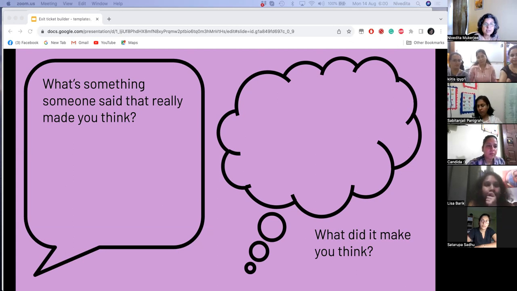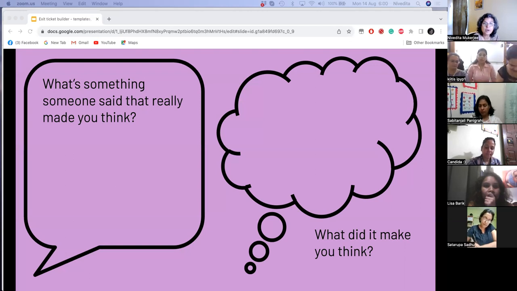What's something that someone said that really made you think, and what did it make you think? This is great for discussions. They engage deeper with the content, and you can give it as an assignment for doing at home. The exit tickets are great small assignments to do at home.